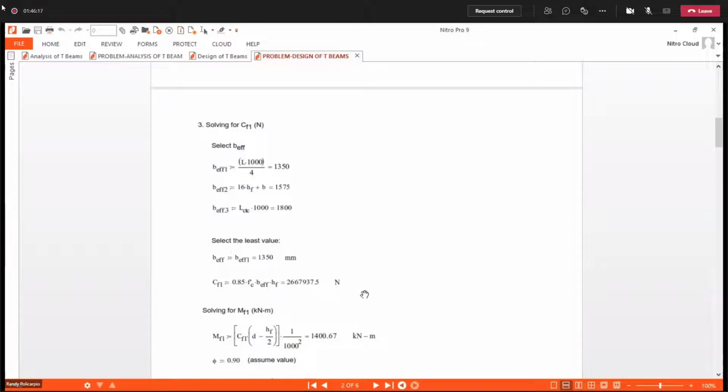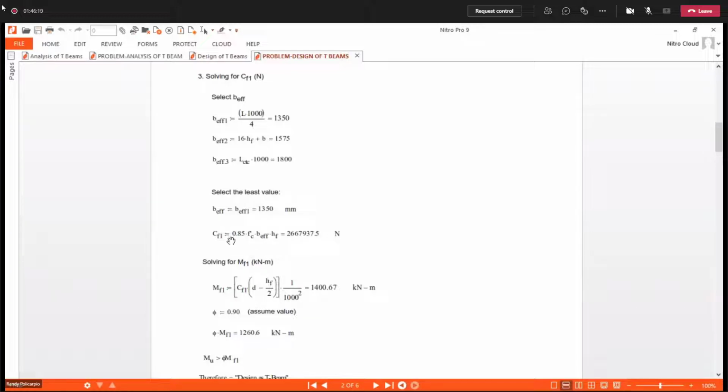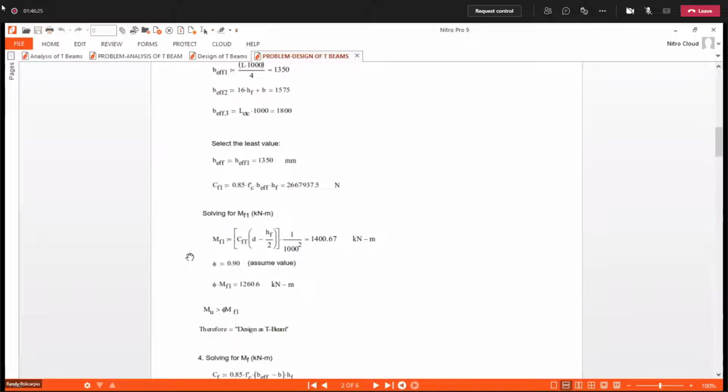Okay, so then now we will make use of B effective to solve for CF1, and then we will solve for MF1. Ito yung procedure na binigay kanina. We will solve first for CF1. Ito yung concrete or compressive force in the concrete that is considering only the flange. Yung flange lang.